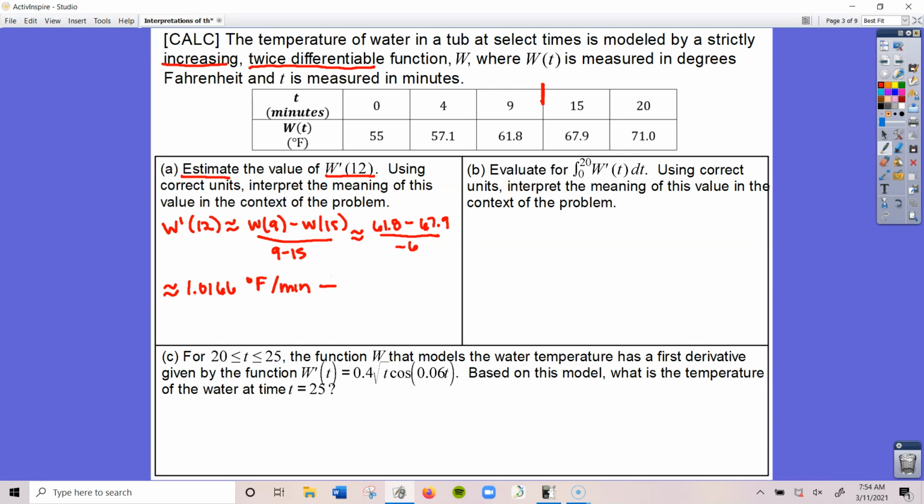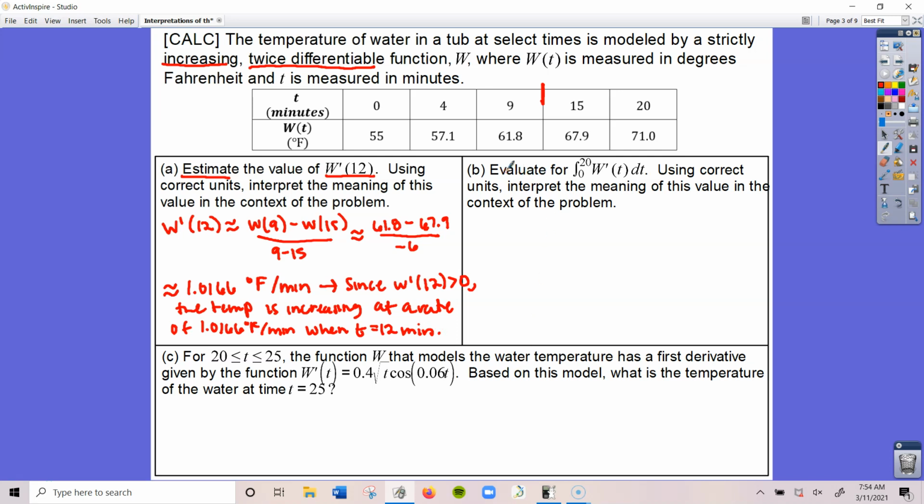So what we can say here is, since w prime of 12 is greater than 0, the temperature is increasing at a rate of 1.0166 degrees Fahrenheit per minute when t is equal to 12 minutes.